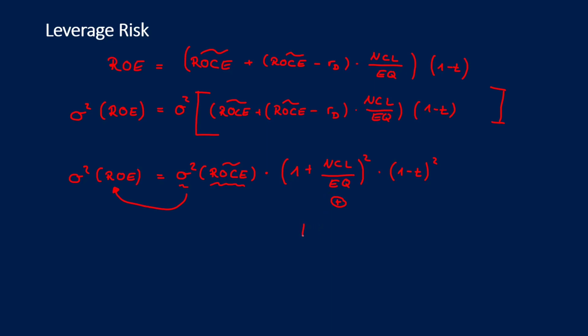Accordingly, leverage levers the risk of ROE in terms of its variance.